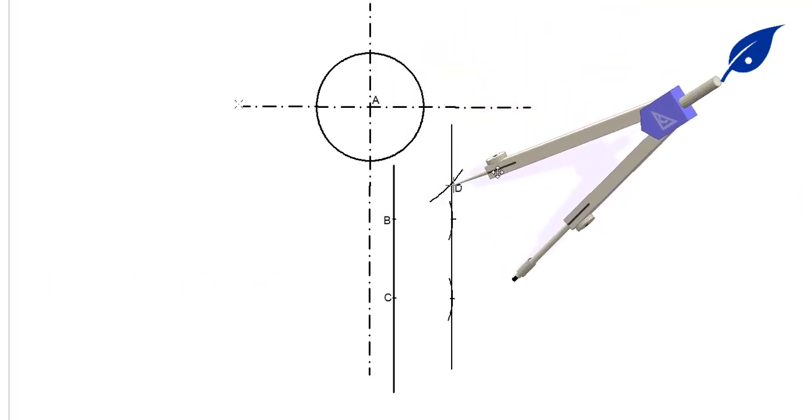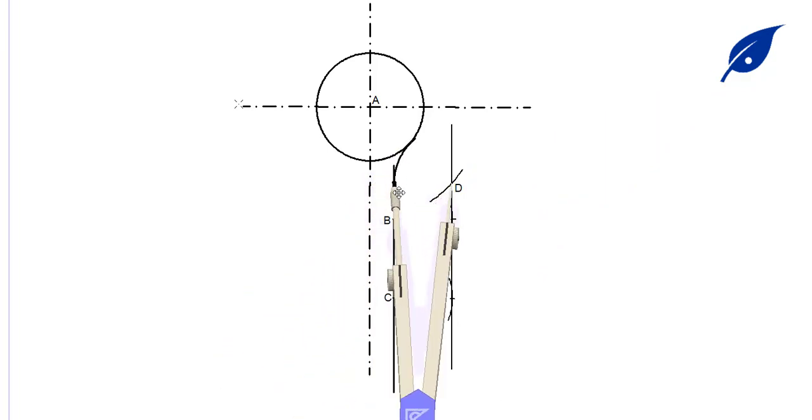With the center at D with radius 22, we're going to describe an arc to touch the circle and the straight line. After doing this, it will give us the required arc to touch the circle and the straight line.